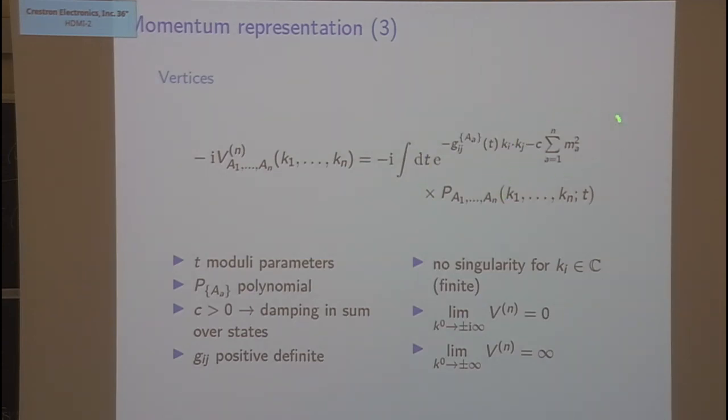First you have a damping factor, which ensures that when you sum over many states in internal legs, you will converge, because C can be made arbitrarily large, and M_a depends also on the index of the particle. And then here you have some matrix G_ij, which multiplies the two momenta.